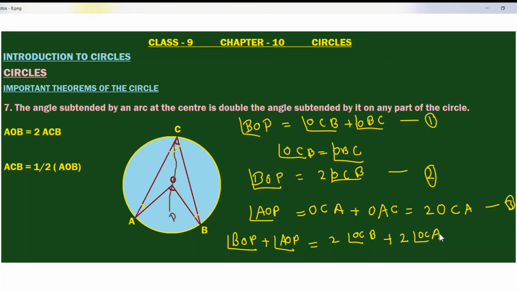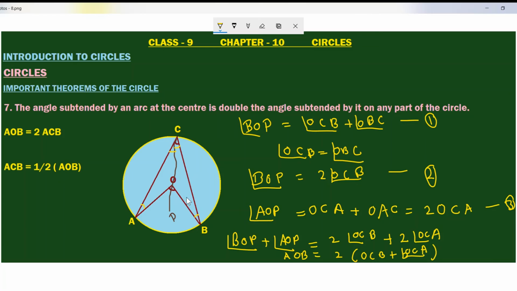Now we need to take 2 outside because the term 2 is common. So if you take 2 outside, we will get OCB plus OCA, right? This BOP plus AOP both is angle AOB. So I can write angle AOB is equivalent to 2 into OCB plus OCA.